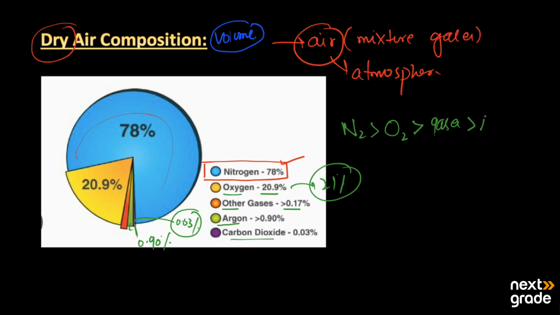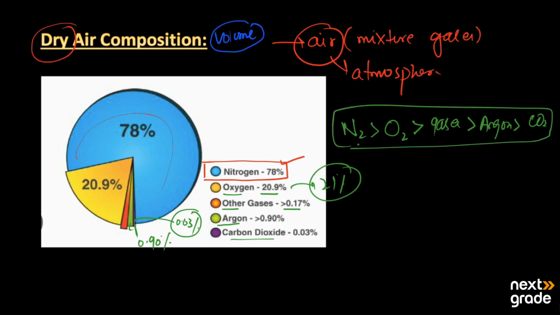After that, we have argon, and at the end, we have the percentage of carbon dioxide. So this is the simple dry air composition, or the percentage composition of the atmosphere by volume, as air makes up all the atmosphere mass around us.